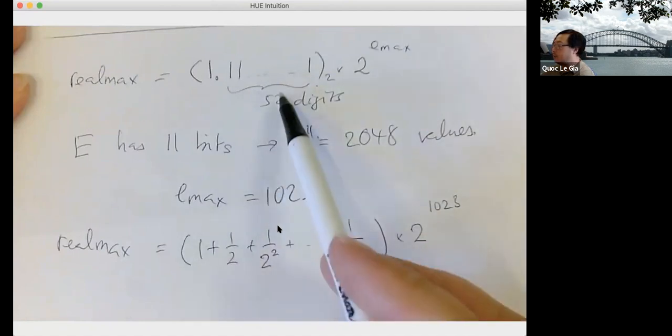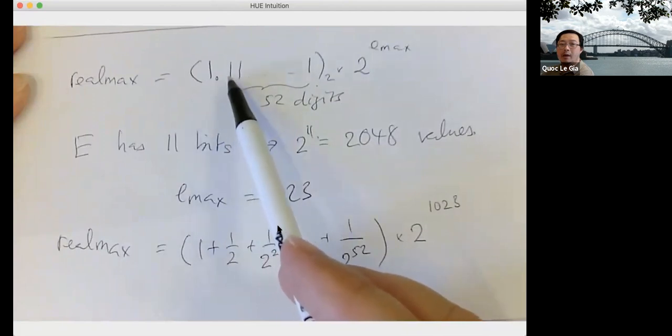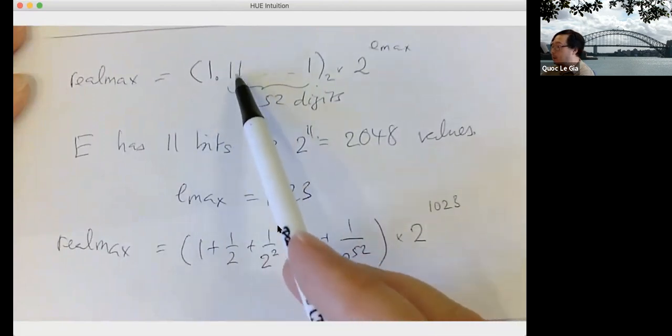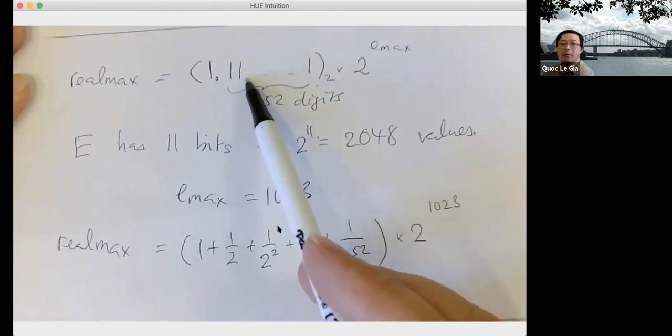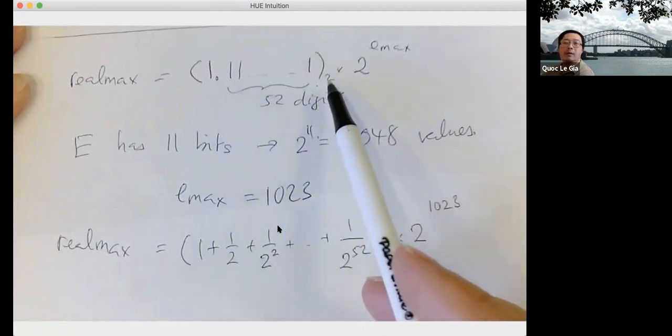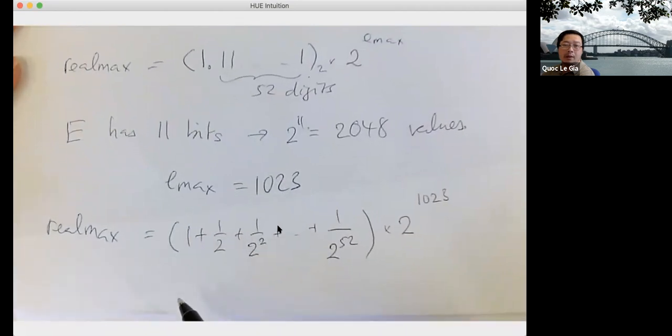I convert to decimal: the 1 before the dot is 1, and after the dot, the first digit is 1/2, the next is 1/4, then 1/8, and so on. I convert back to decimal because I want to show you the decimal value of real max. Everything is clear?